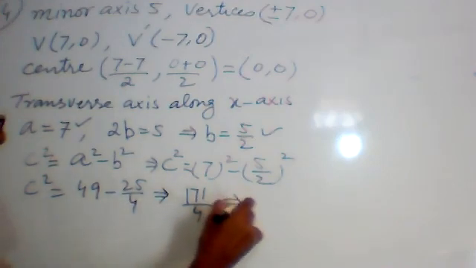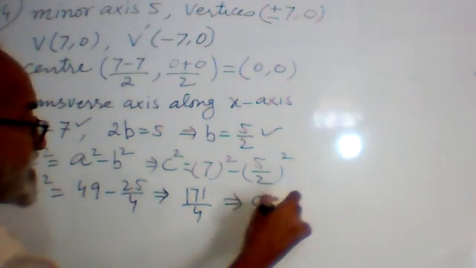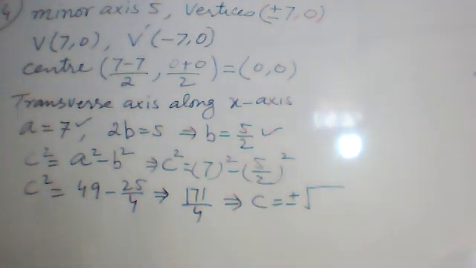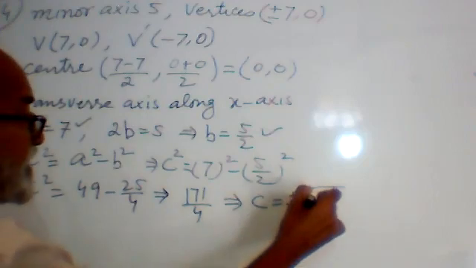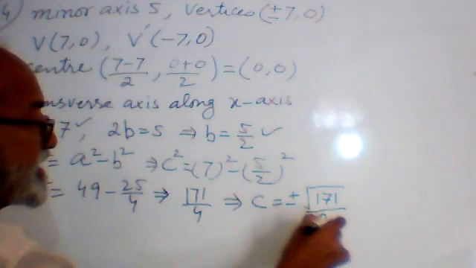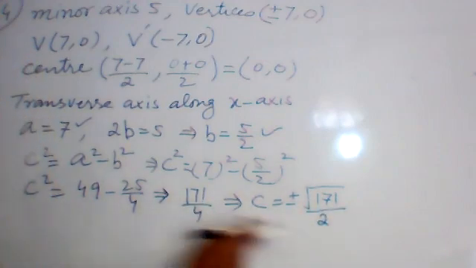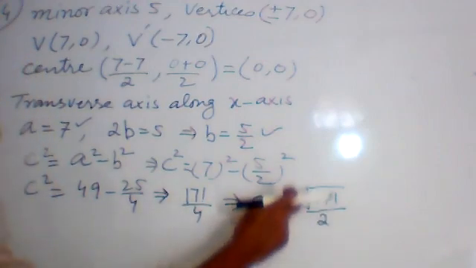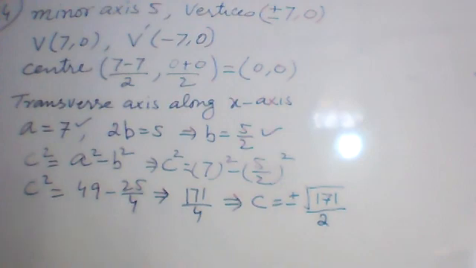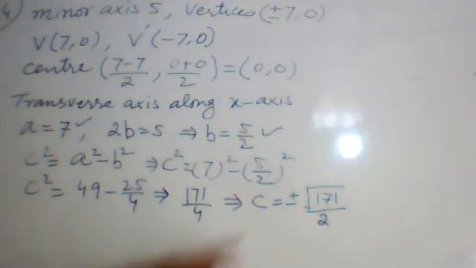Therefore, c will become plus minus root 171 upon 2. The square root of 4 is 2, and this 2 is not under the radical sign. The radical sign is only up to 171. This is the value of c.